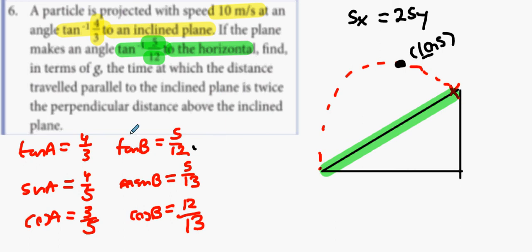So here's what we're going to do: Sx equals 2Sy. Now we're going to go through our 4 equations.